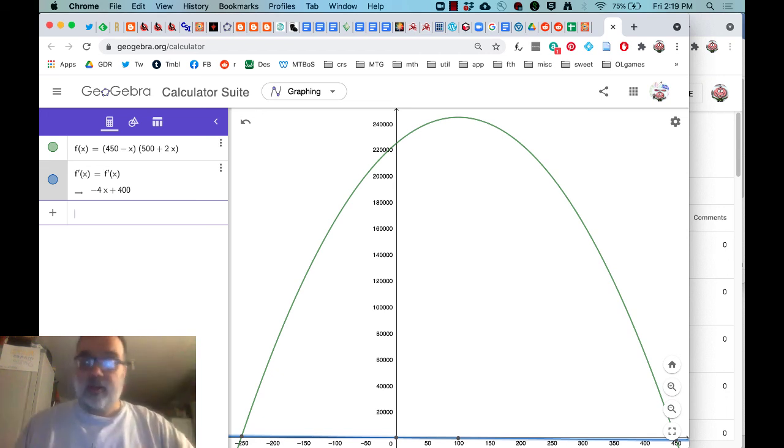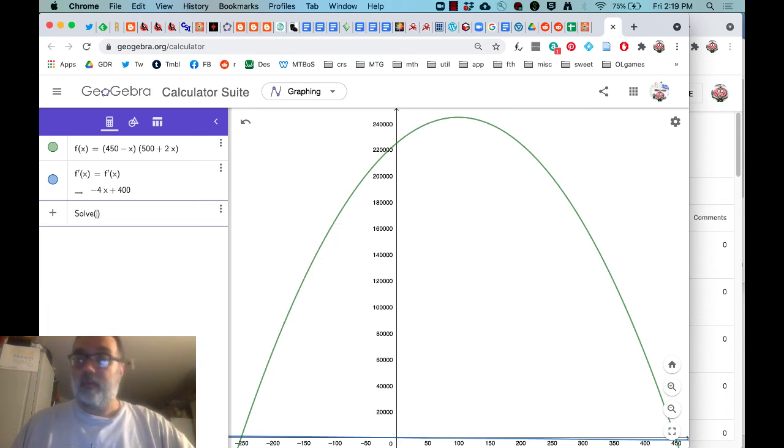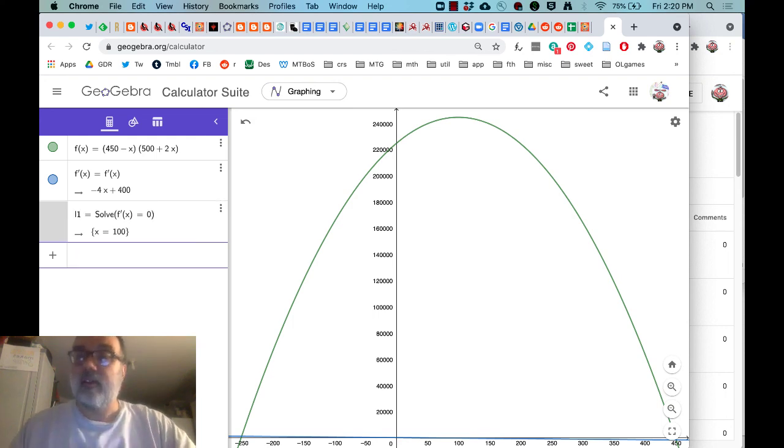It must be 100, right? But we could also solve, because some of the derivatives we get are not going to be that nice. We want to solve this equation, and it tells us that x is equal to 100. So this would be the calculus piece to add on to that reasoning that Dr. DeRango did.